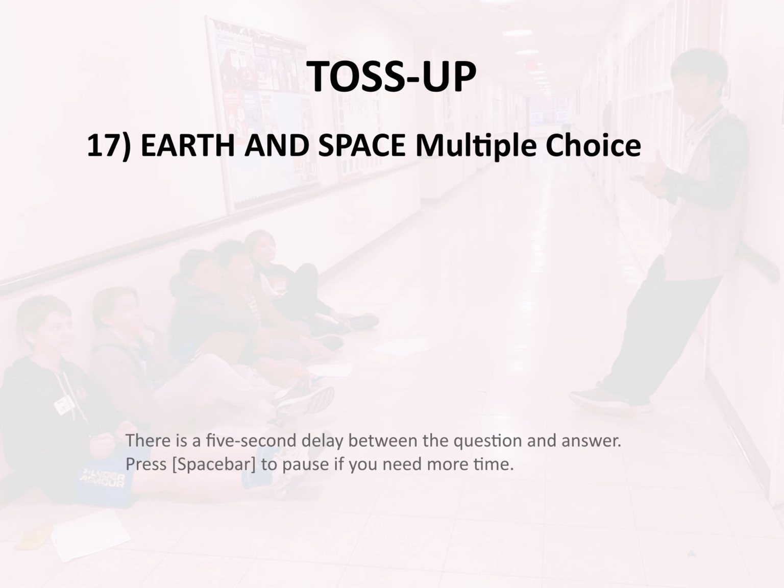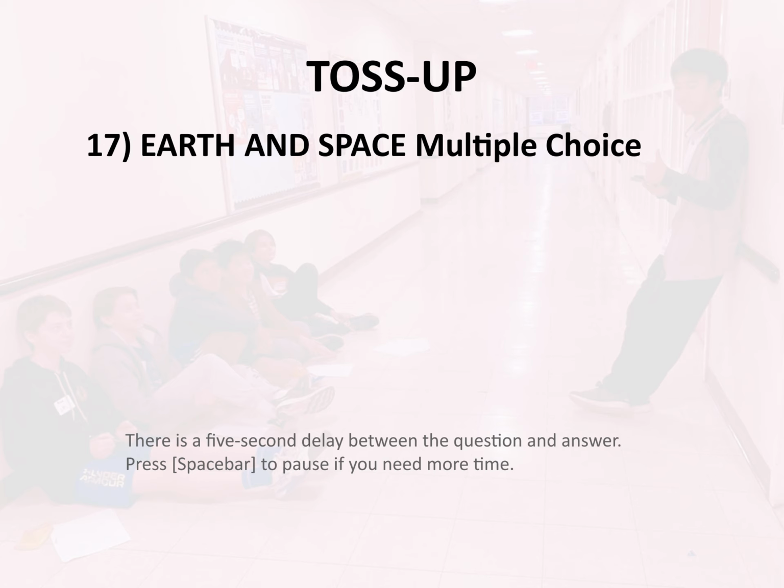Toss-up 17. Earth and space. Multiple choice. Based on current scientific data, the most widely accepted cause of past ice ages is which of the following? W. Volcanic aerosols in the atmosphere from major eruptions. X. Increased absorption of carbon dioxide by the oceans and land masses.